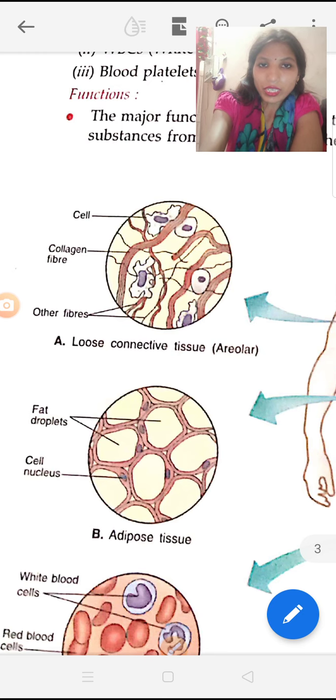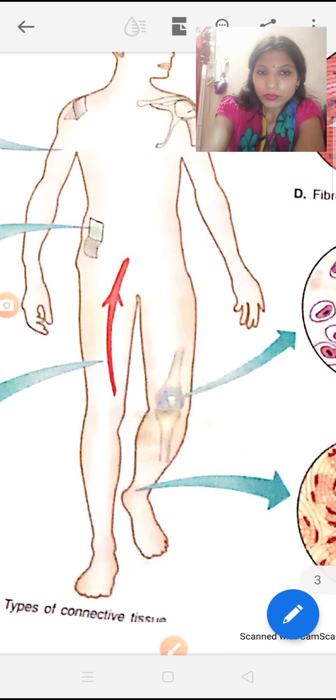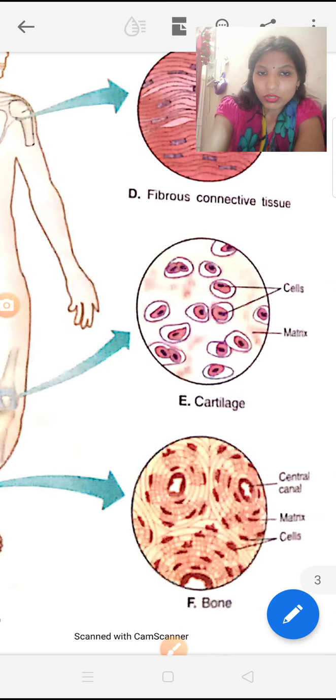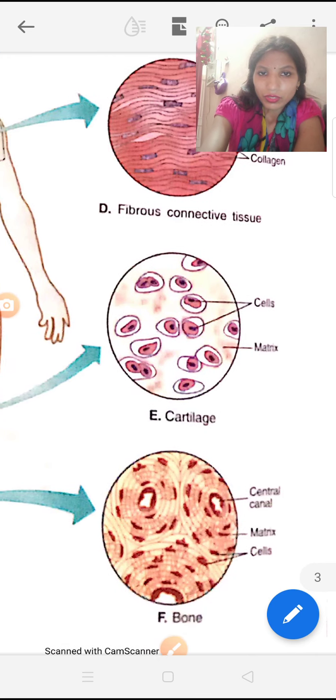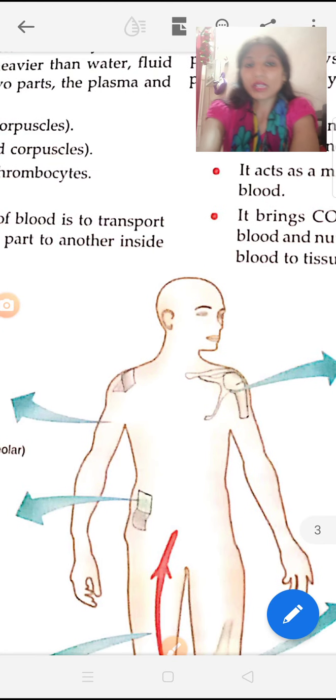It is a wavy structure, and in the blood you can see the white blood cells. The nucleus, you can see it is bilobed and trilobed, and the red blood cells, then the plasma, then the bones, central canal, matrix, and the cartilages, right? So these are the small diagrams of the tissues that you can study.